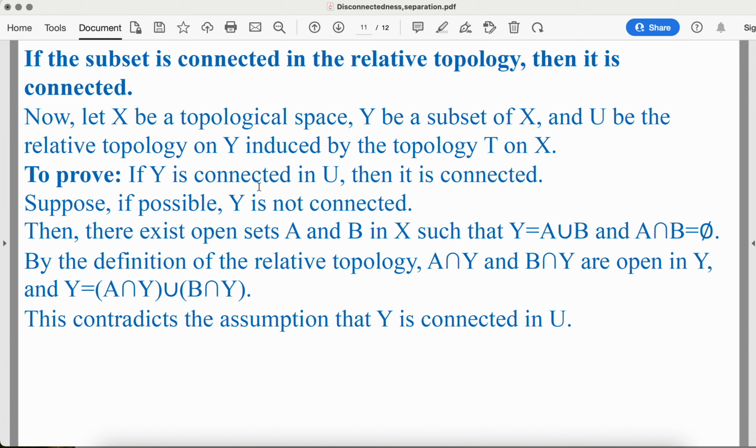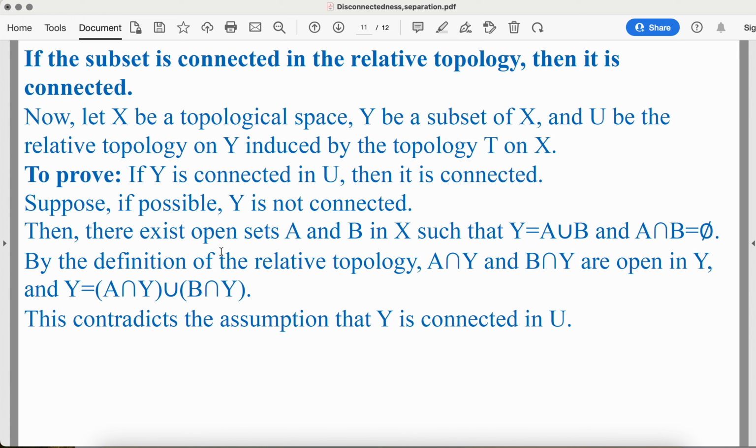Suppose, if possible, Y is not connected. Then there exist open sets A and B in X such that Y is equal to A union B and A intersection B is equal to phi. And by definition of relative topology, A intersection Y and B intersection Y are open in Y, and Y is equal to A intersection Y union B intersection Y. So this contradicts the assumption that Y is connected in U.